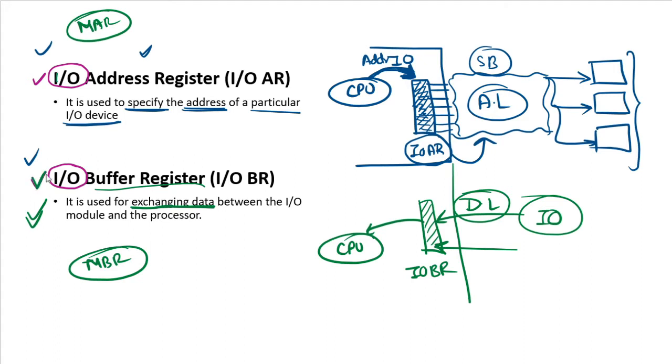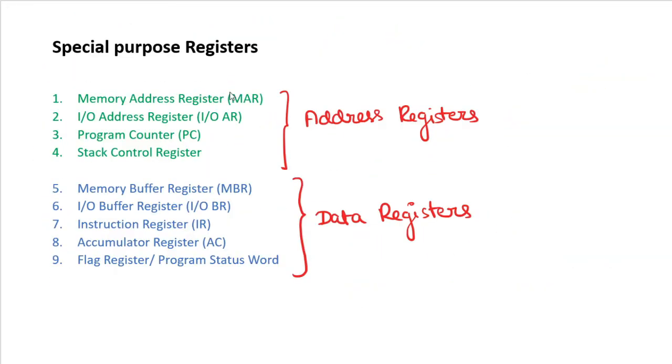Similar is the case with buffer registers, either memory or IO. So we already discussed four registers: the memory address register, the IO address register, the memory buffer register, and the IO buffer register.